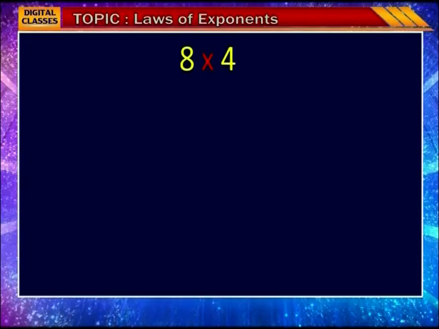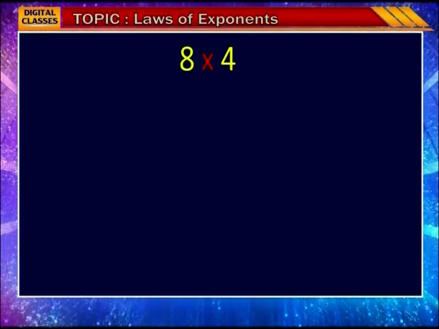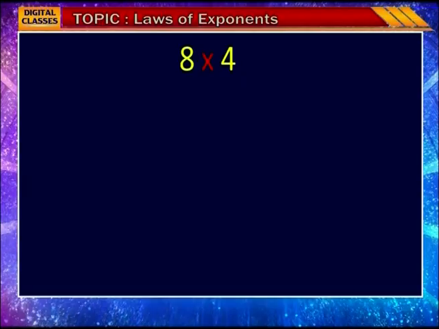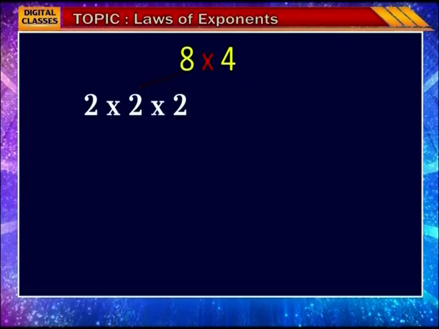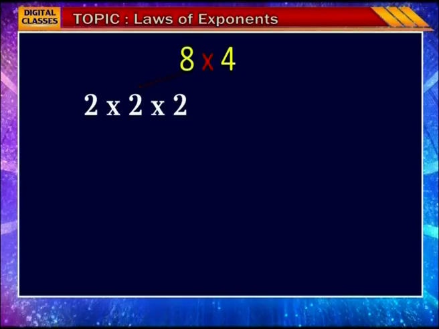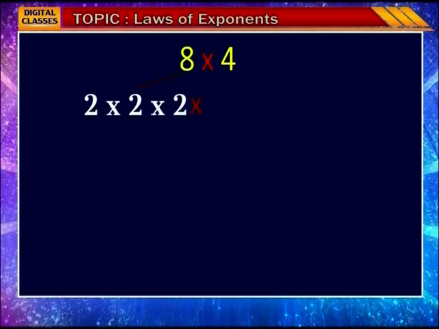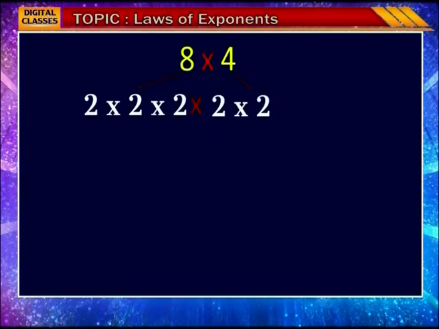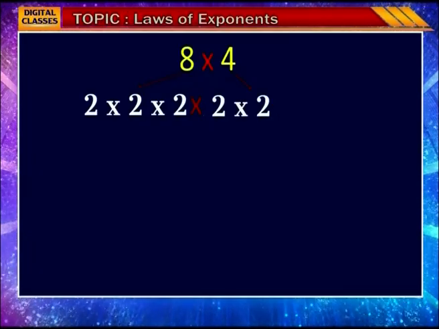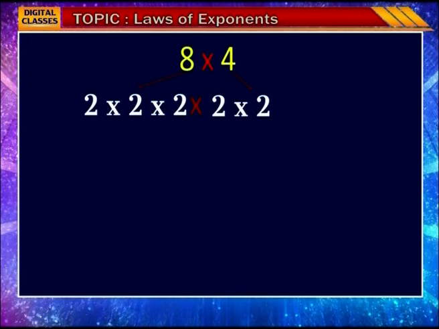Let us see what you are observing on the screen. 8 into 4. Now 8 can be written as 2 into 2 into 2 and 4 can be written as 2 into 2. How many 2's are multiplied?